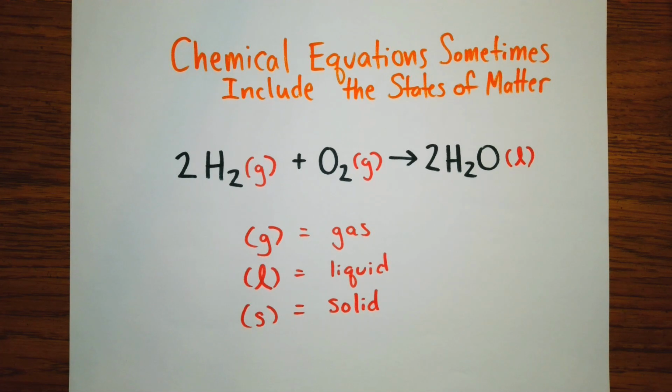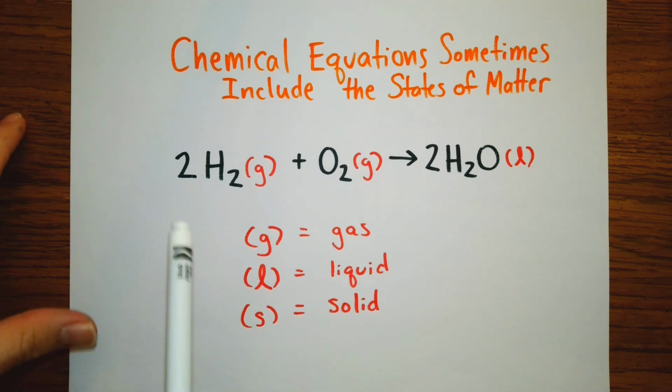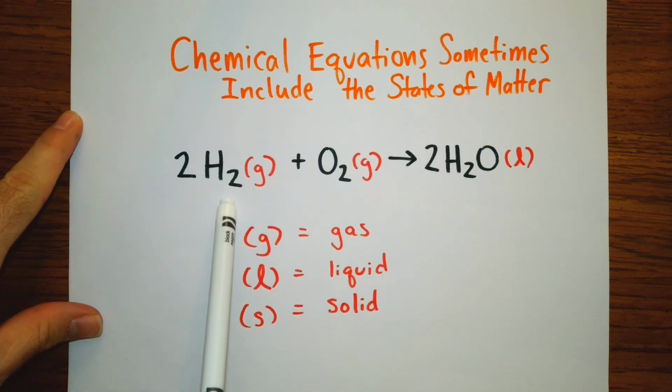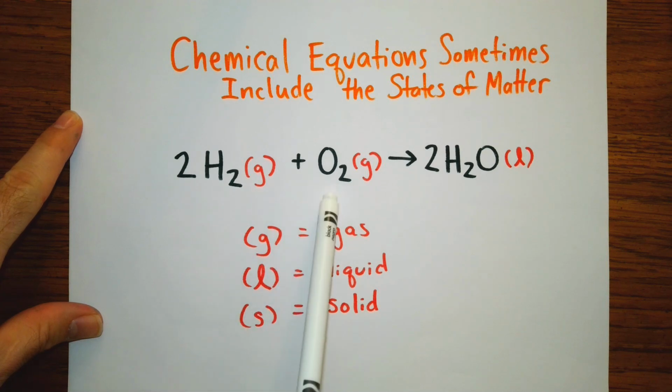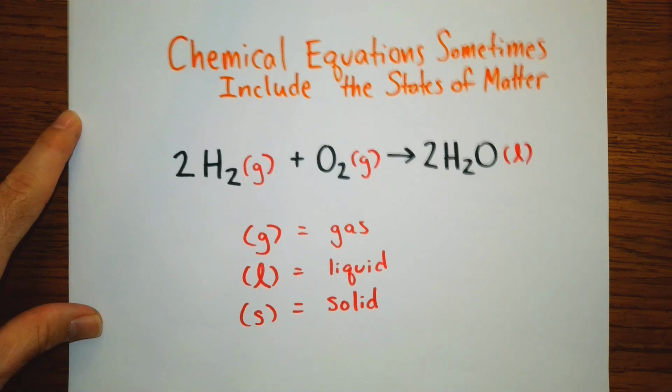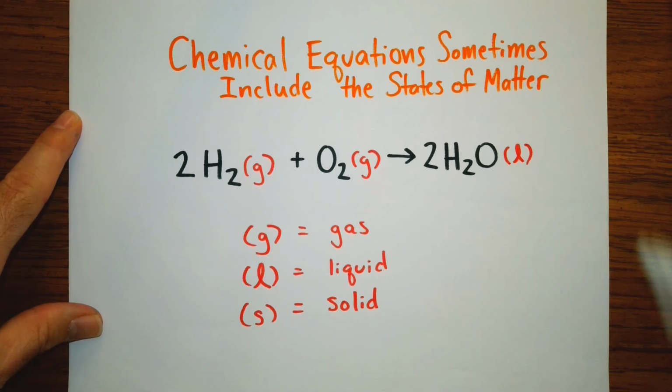So chemical equations sometimes include the states of matter. And so in this balanced chemical equation, we have 2H2, that's hydrogen gas, plus O2 in the form of a gas, yields 2H2O, which is a liquid. And sometimes this is important because if you have a reaction where two liquids react and they form one solid, it might precipitate out of the solution.